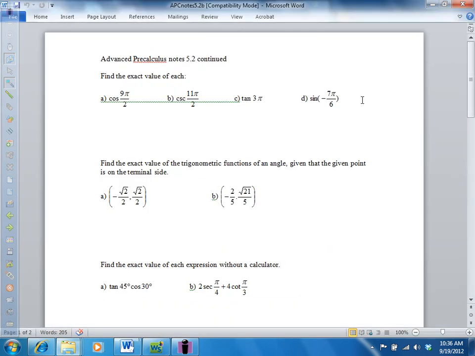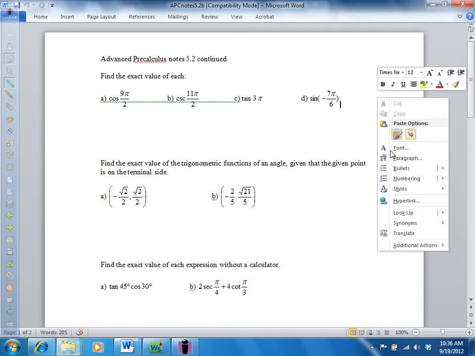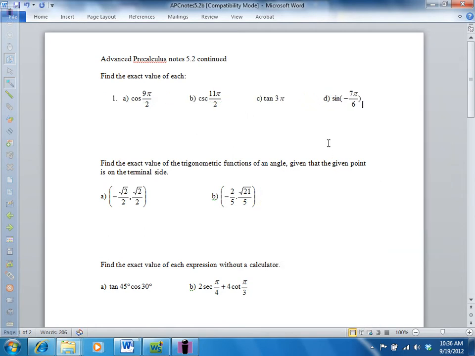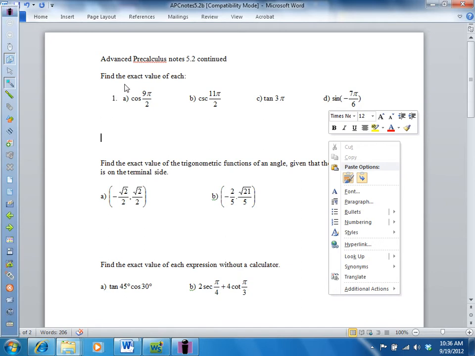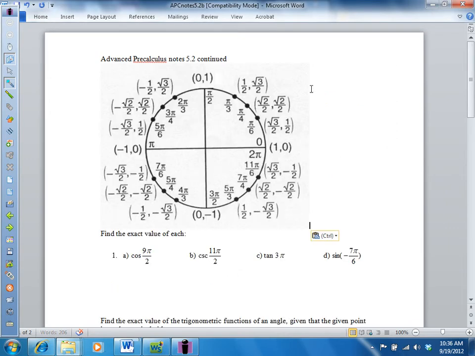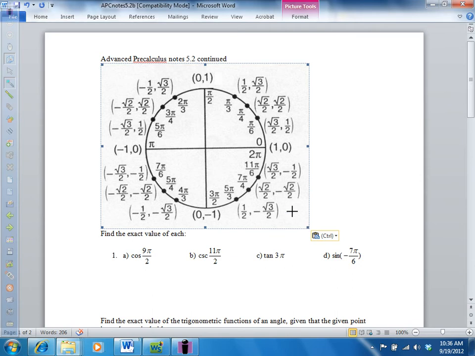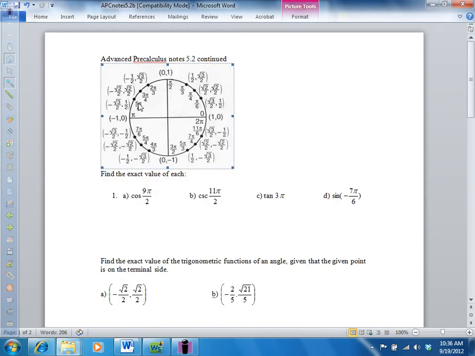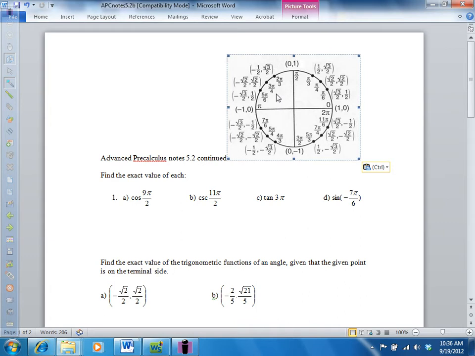And then I'm going to go edit. What happens if I hit paste? Whoops. Paste options? What if I just did Control V? Control V. There it is. And I'm going to make it smaller. And I'm going to put it right over there.